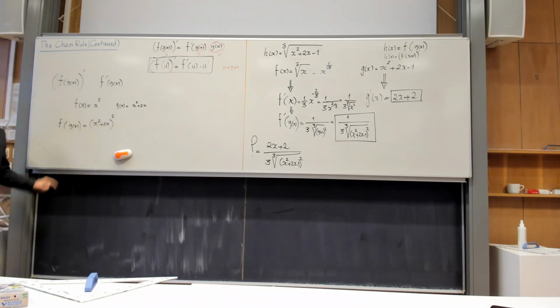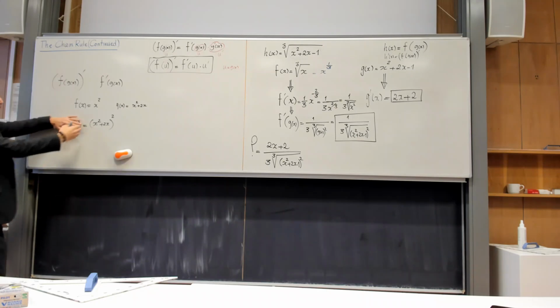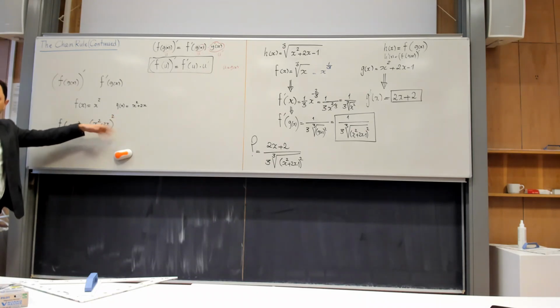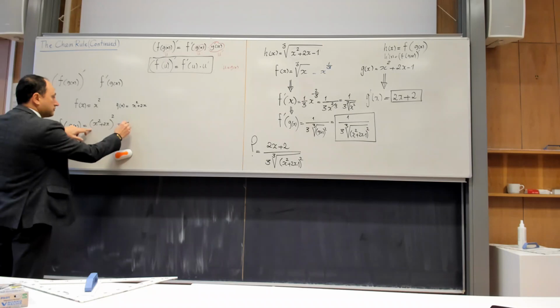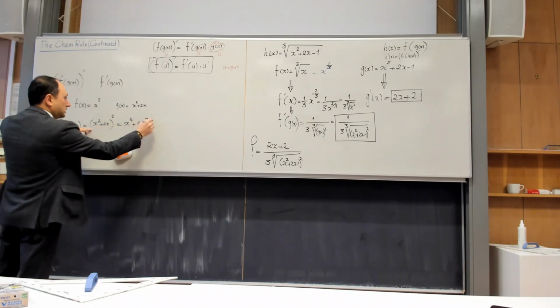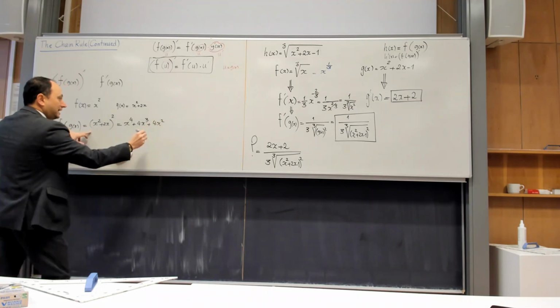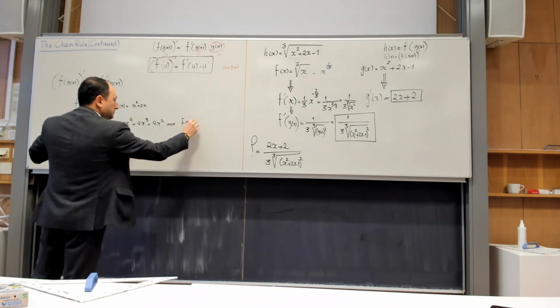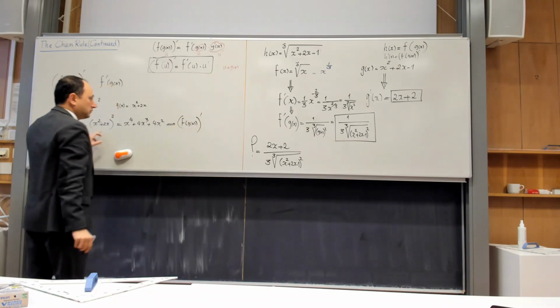Yes? And then you get a new function and you differentiate it. But a Math 3C student doesn't know how to do that, so they have to expand it. So let me expand that. This becomes x to the 4, 2 times the first one times the second one, and then the second one squared, which is this one. And then they will write this answer for me. What is the answer?